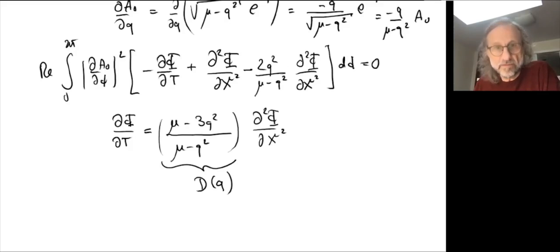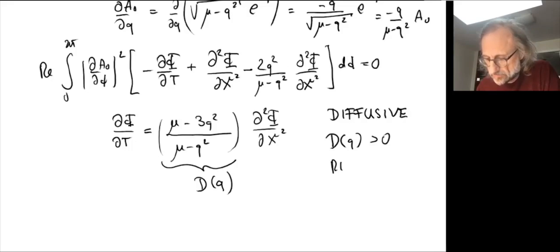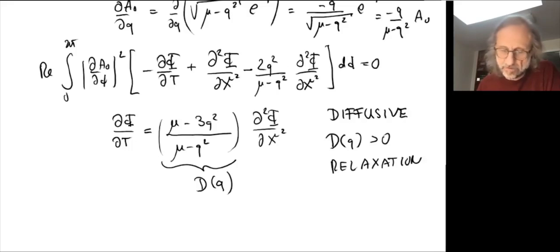So one statement we can make right away, and we'll think about it in more detail in the next session, is that we get diffusive dynamics. If D of q is positive, we will have relaxation, meaning the gradient in the wave number will relax to 0, and so we get a periodic solution.